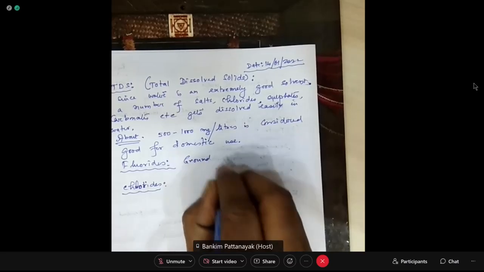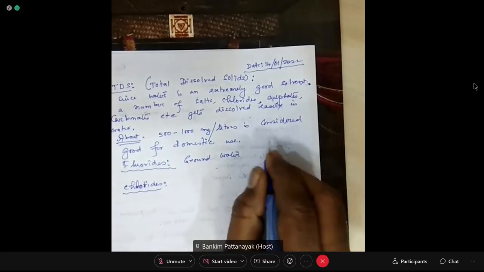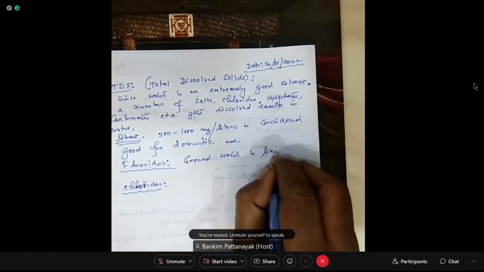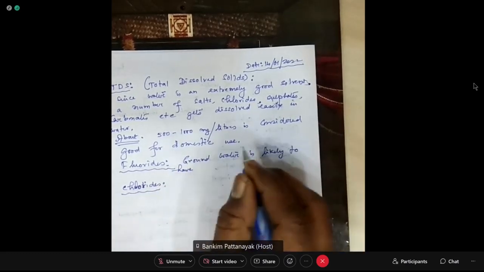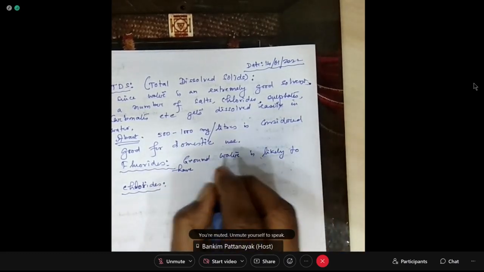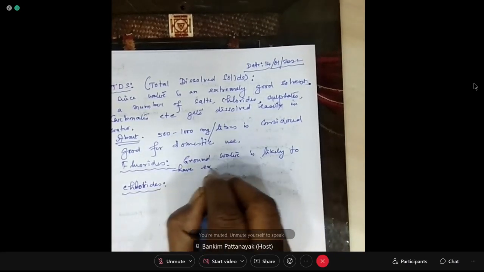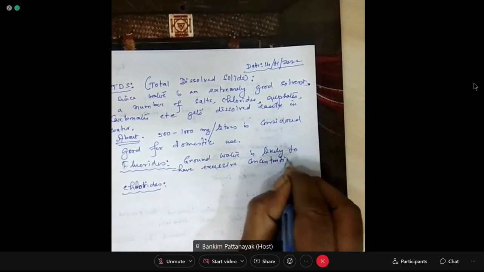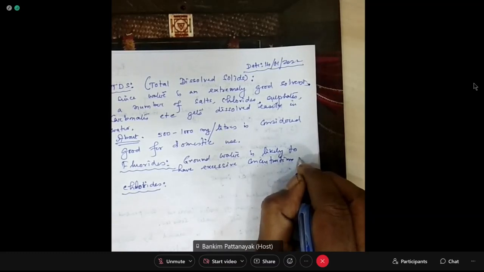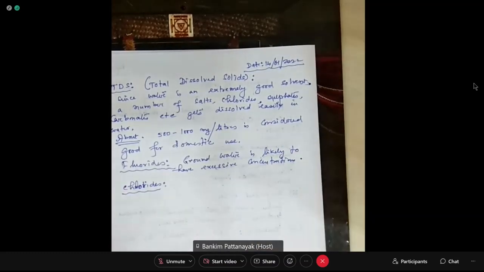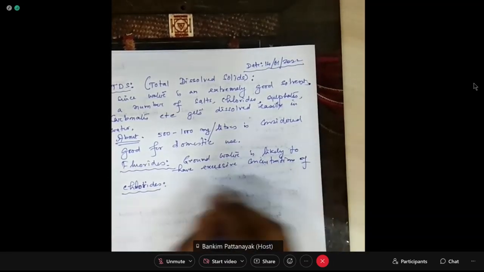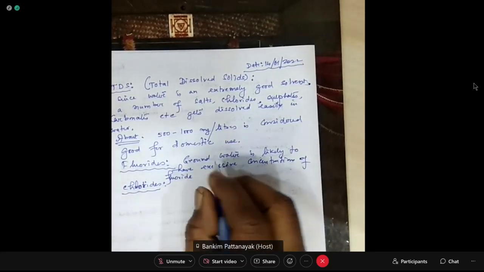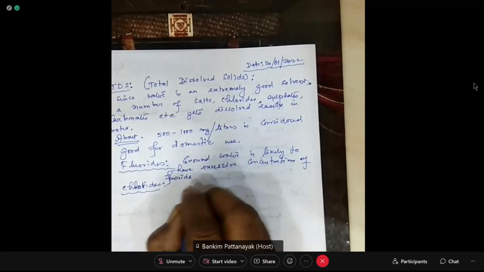Groundwater is likely to have excessive concentrations of fluoride. The source is basically from the rocks.